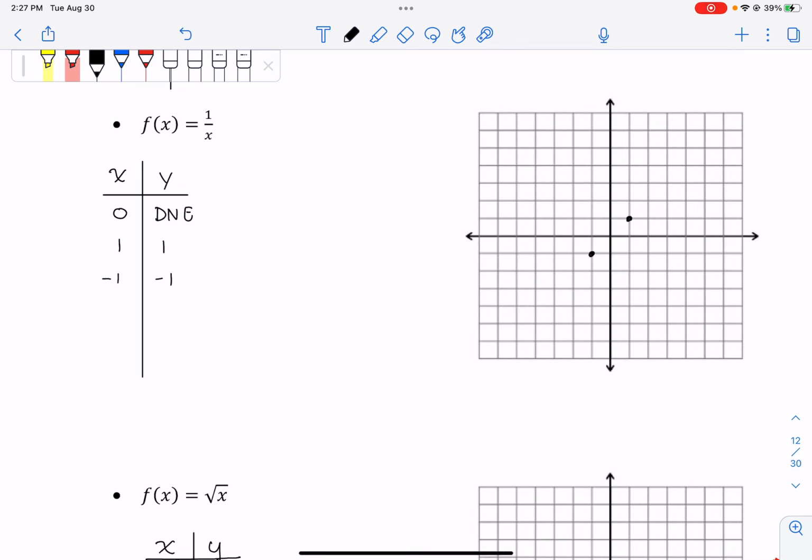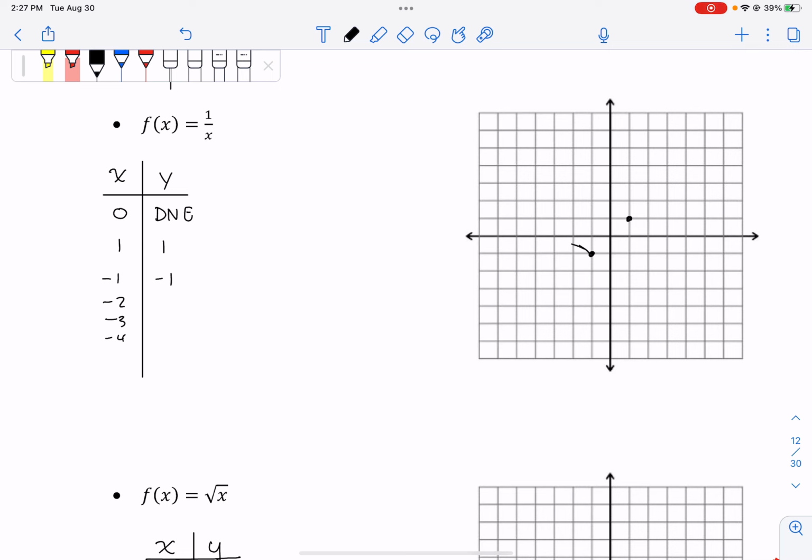Okay, if you start plugging in as many points as possible, let's say you want to plug in 0.5 or 0.3 or negative 0.4, and you just plug them into here. Or if you want to plug in negative 2, negative 3, negative 4, or the positives of each, what you're going to have is a function that looks like this.